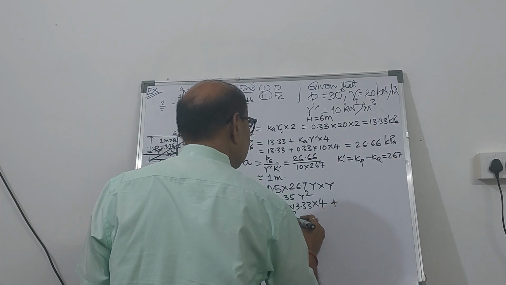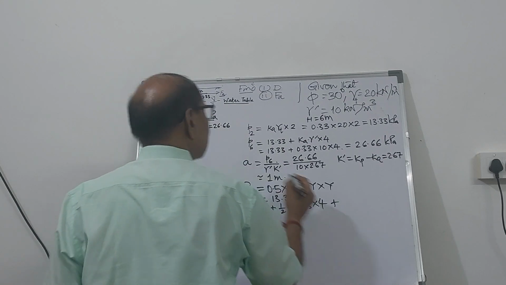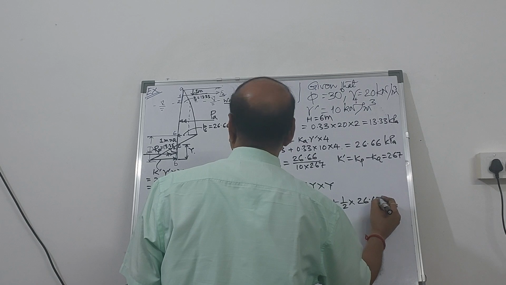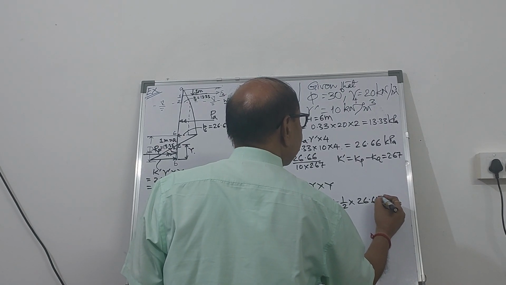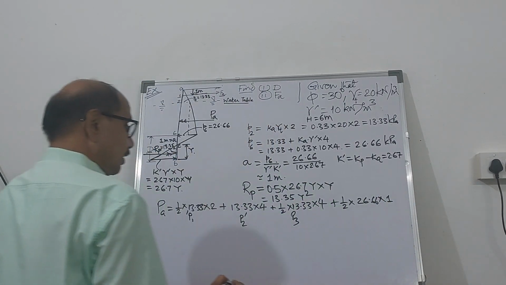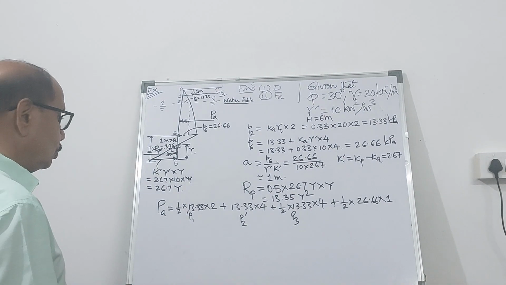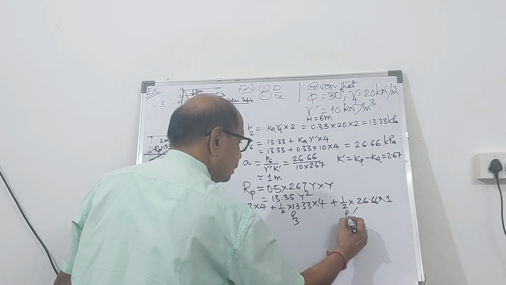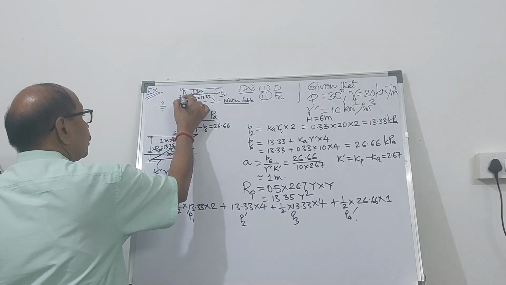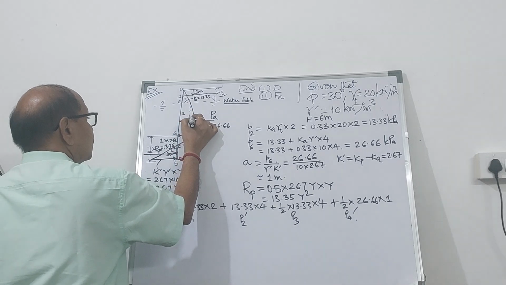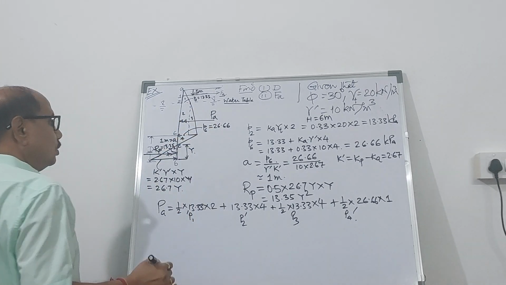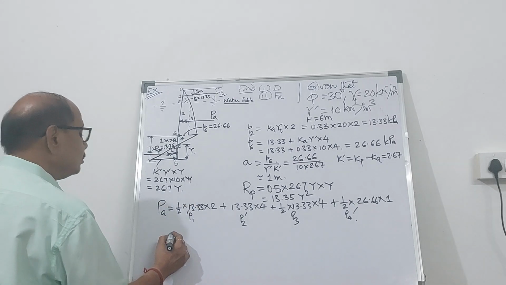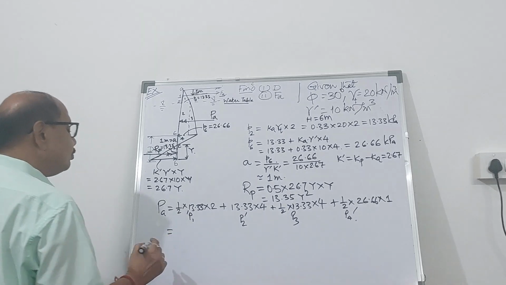This is P3, and this becomes half into base 26.66 into A, that is 1 meter. Let's say this is P4, so you have got 1, 2, 3, 4. So this gives you the area. Summation will give you the value of PA.